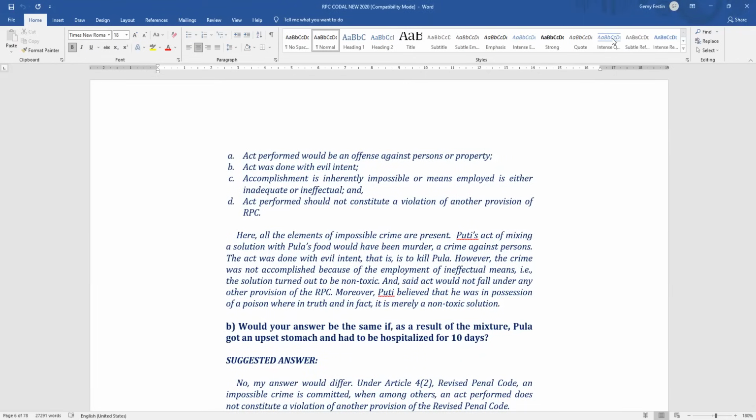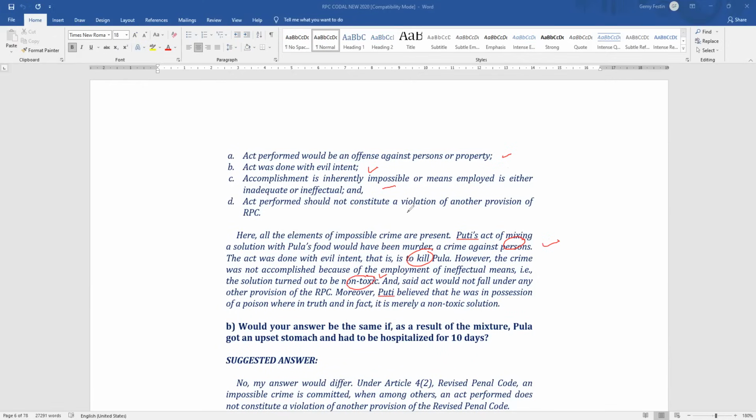Annotate. Yun. Check. There was evil intent. Diba? There's an intent to kill. Check. Inherently impossible. Yes, because it was a non-toxic solution.